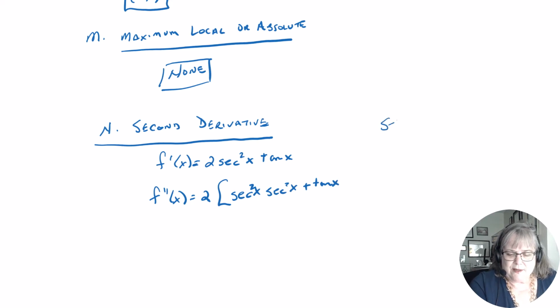So remember, this is secant x squared. So you'd bring down the 2, leave the inside alone, take 1 off the power, loop back in, and take the derivative of the inside. So it looks like this.